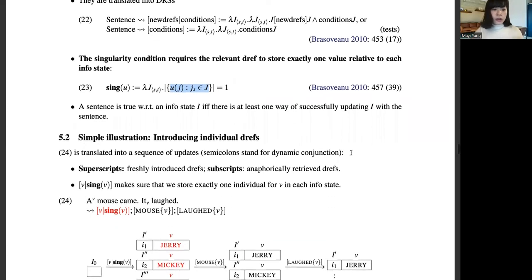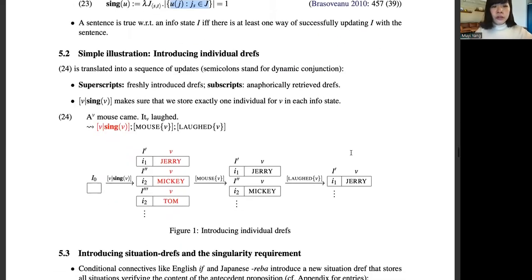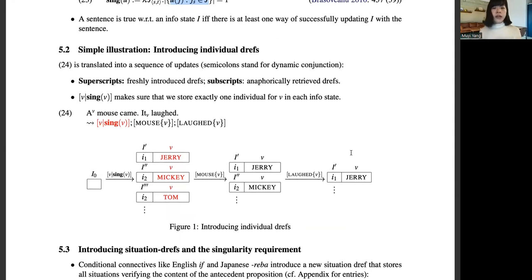Okay, so much for the technicalities. We can now go to the pictures to look at how these things actually work. So let me first of all show you how individual discourse referents are introduced to make sure that everyone is on the same page. So let's say we have a sentence in 24. A mouse came, it left. Here we have an indefinite article a and a pronoun it.